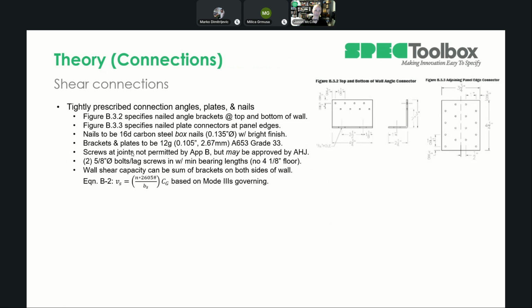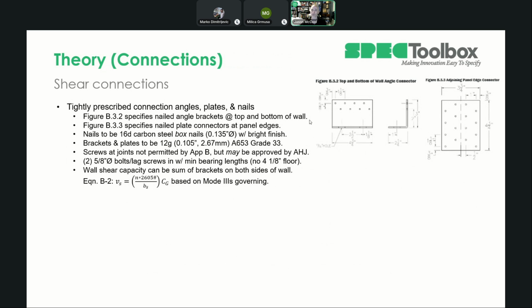The other thing, though, that can come back and bite you if you're not aware of it is they have in the horizontal leg here 2 5/8" bolts or lag screws. And these have minimum bearing lengths that actually preclude the 3-ply floor panels that we often like to use for CLT buildings. So just keep that in mind.